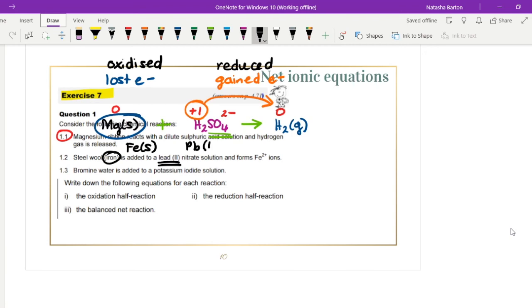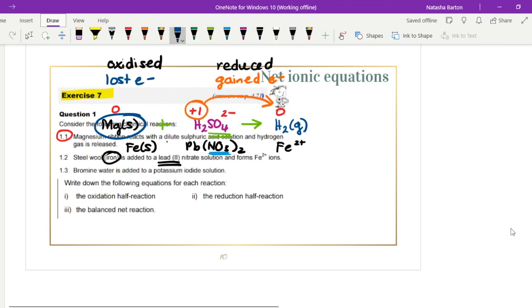Nitrate ions have a charge of -1, so this will be Pb(NO3)2, because if this Pb has a charge of 2+, and each of these has a charge of -1, we're going to need 2 of those to get the charge to be 0. Very, very important. And they say that this is going to form Fe2+ ions.